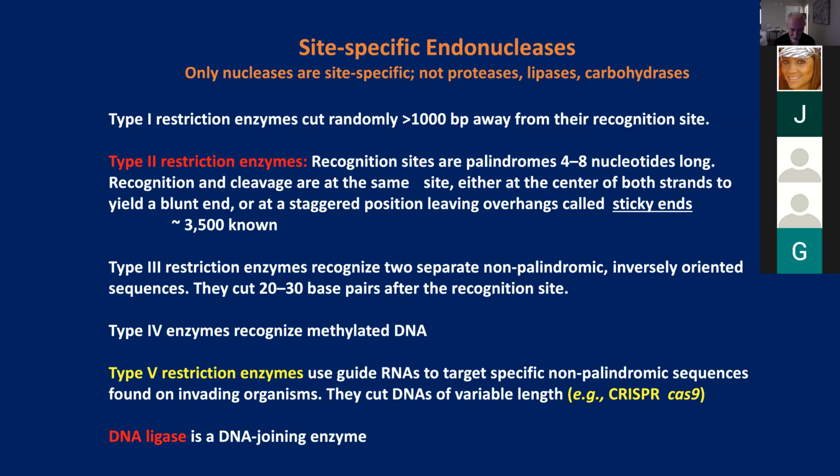And they cut the DNA at variable length. A good example of that is the CRISPR-Cas9 enzyme. Once the guide RNA guides Cas9 to a site, it cuts at that site. And that's how you can target any position in the genome.